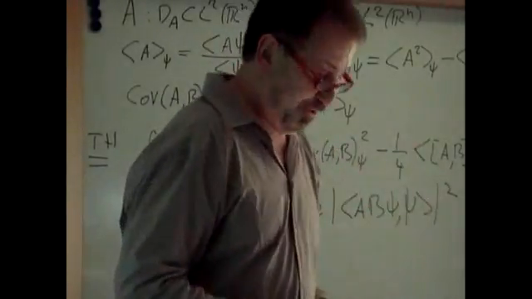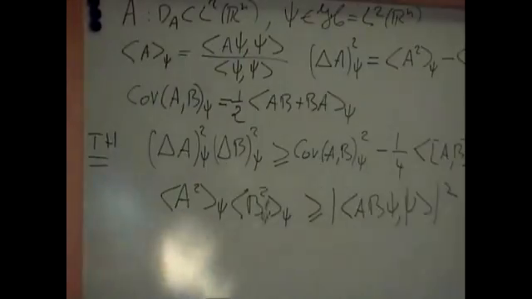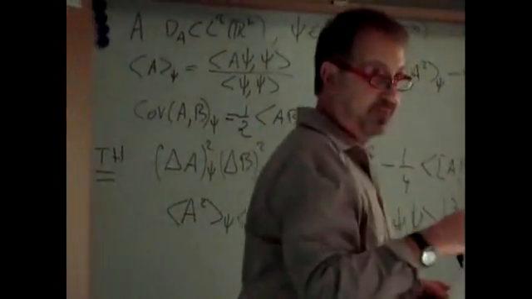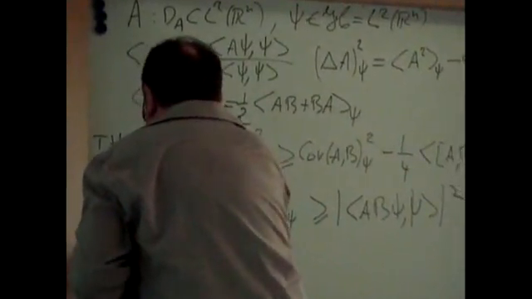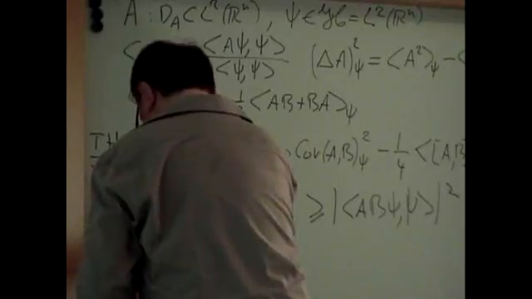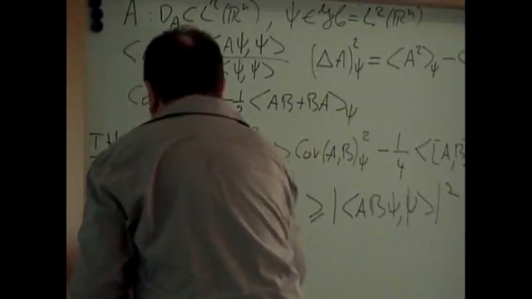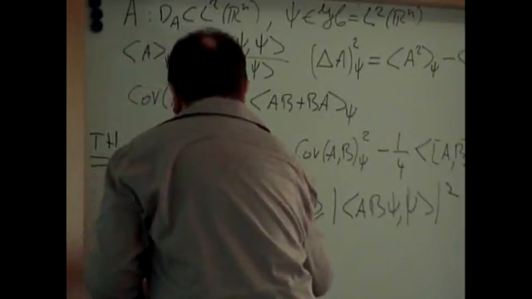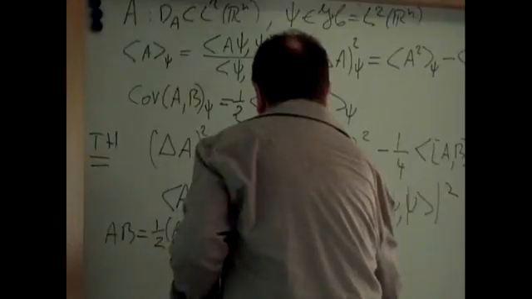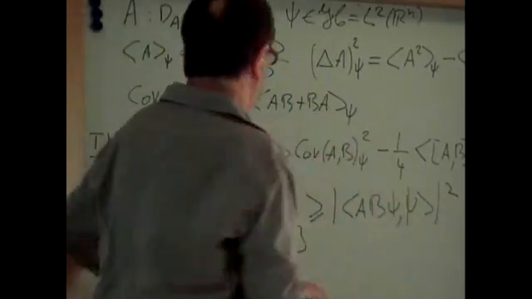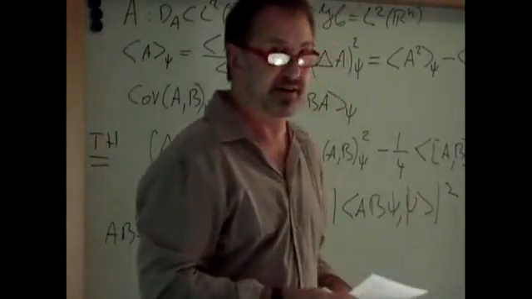Now, in the classical proof of Heisenberg's inequality, the naive one does the following. Write that AB is equal to 1/2 of AB plus BA plus 1/2 of AB minus BA, that is 1/2 of the commutator. And one puts this inside here.